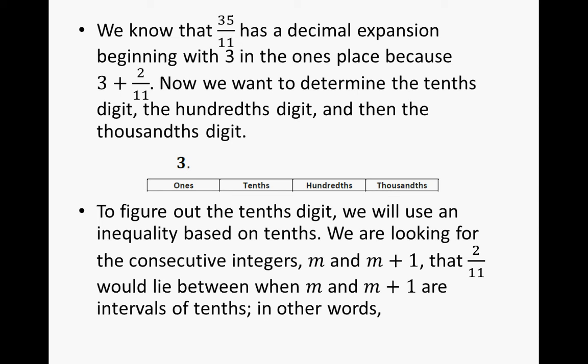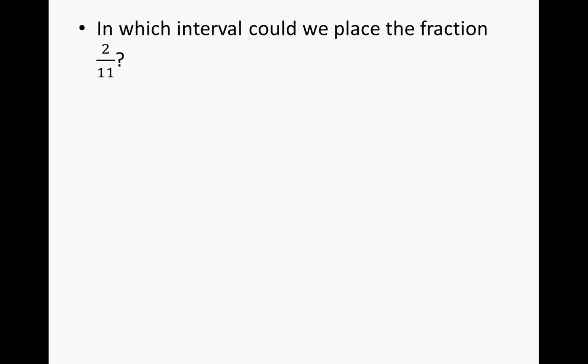We are looking for the consecutive integers m and m plus 1 that 2/11ths would lie between, when m and m plus 1 are intervals of tenths. In other words, in which interval could we place the fraction 2/11ths? So it's either going to be m over 10 is going to be less than 2/11ths, and then m plus 1 over 10 is going to be greater than 2/11ths.